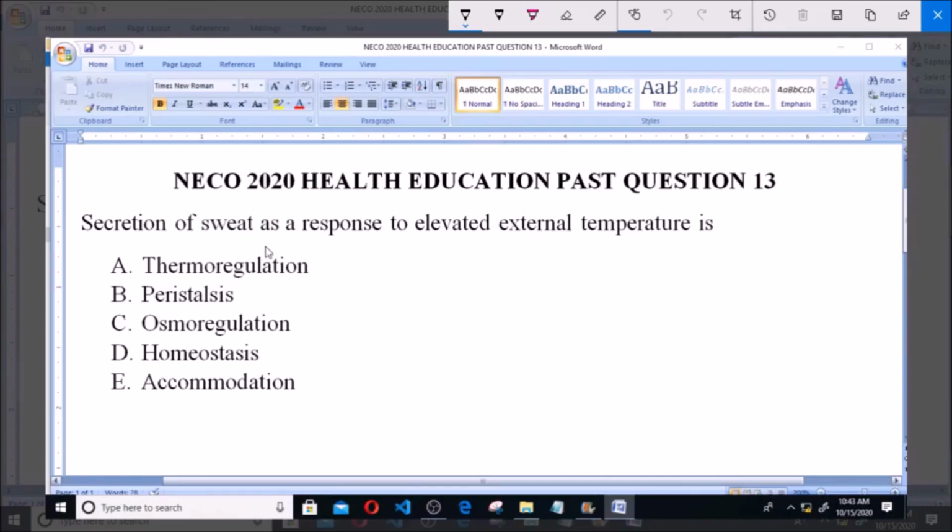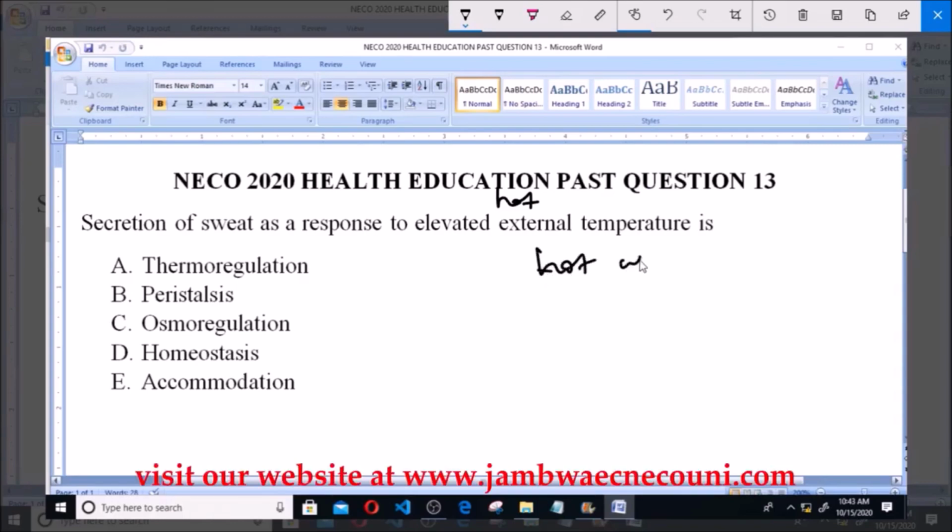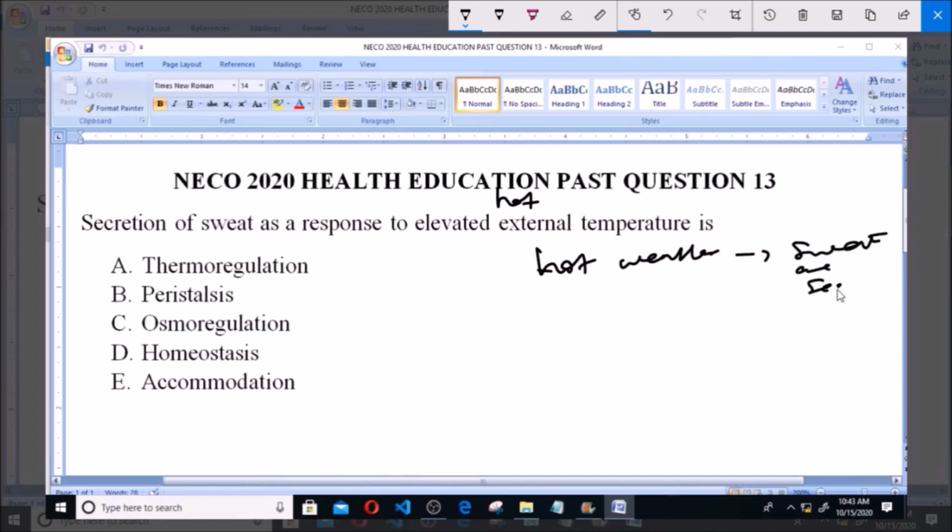Secretion of sweat as a response to elevated external temperature, that is, secretion of sweat during hot weather. Now, when the external temperature is high, it is observed that sweats are secreted.